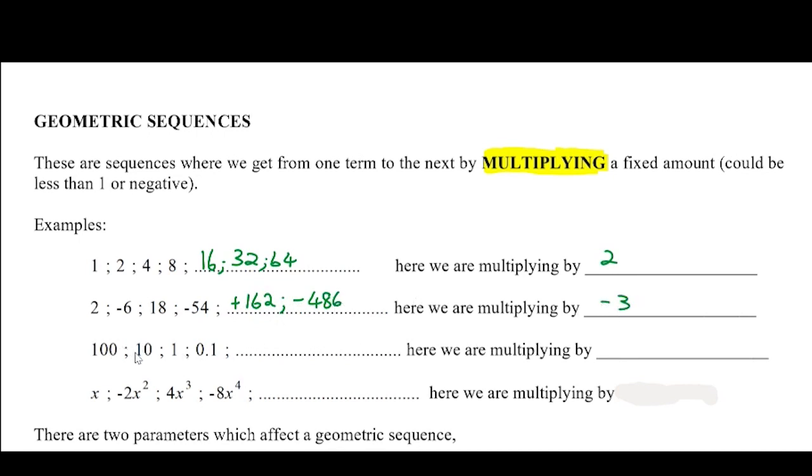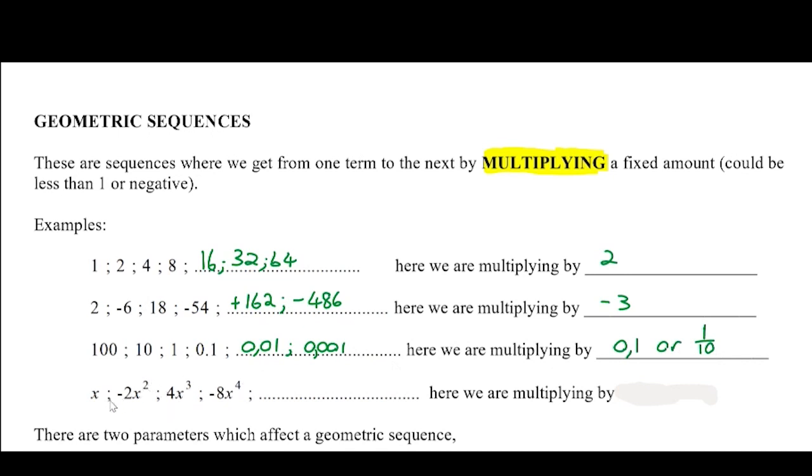In this one, we are actually multiplying by 1/10. So the next one would be 0,01, and the next one would be 0,001. We're multiplying by 0,1 or 1/10.